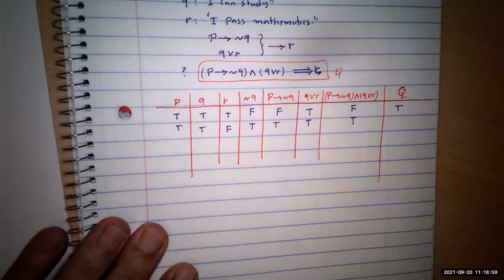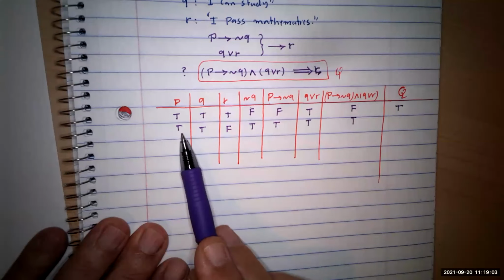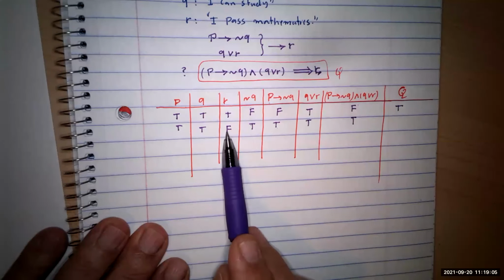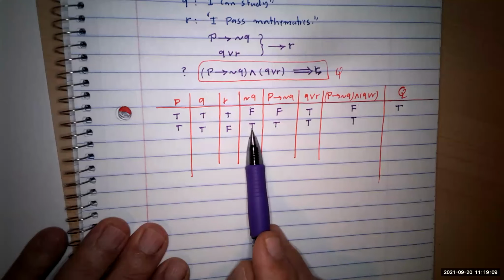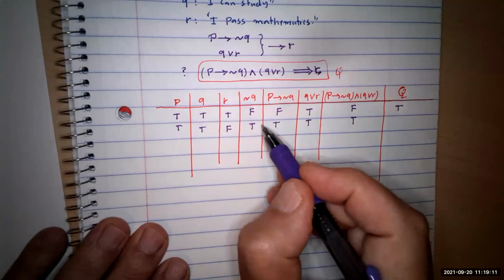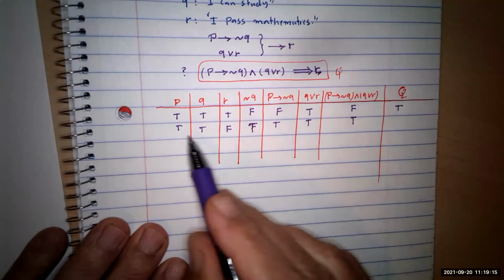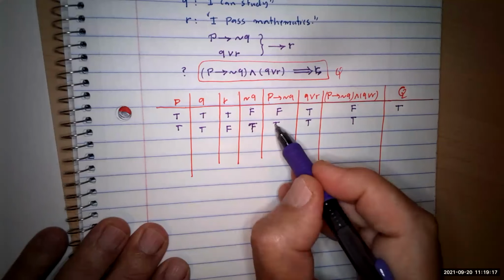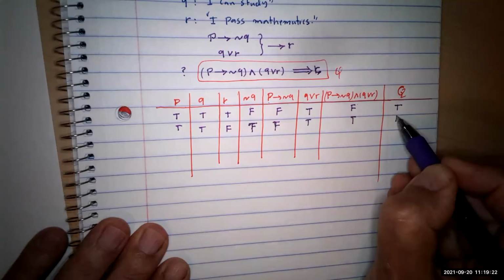Let me just double check it because the way I wrote it down is different. So that's going to be true, true, false. So in this case, not Q would be false. Okay, not Q would be false. So this is again false, and I don't have to continue. So the result is going to be true again.